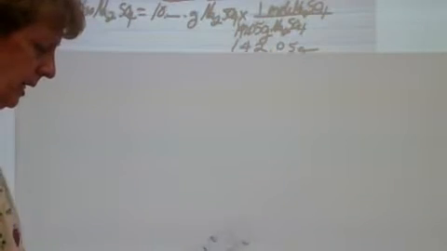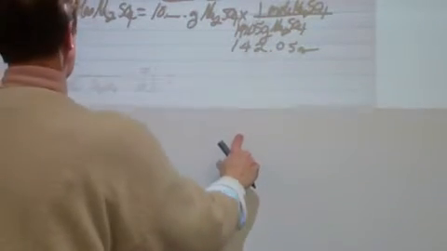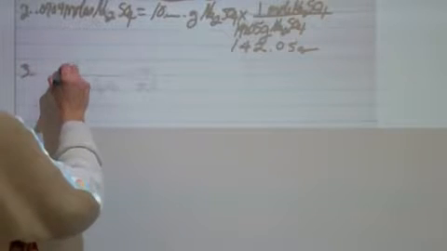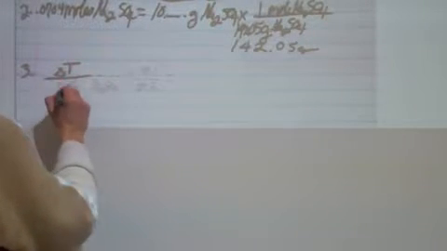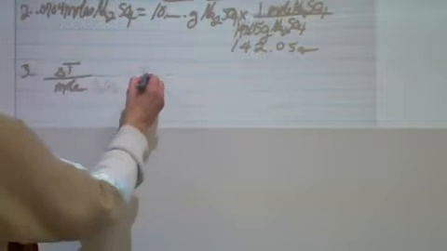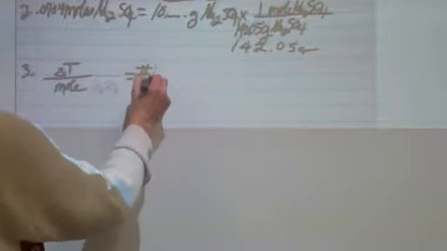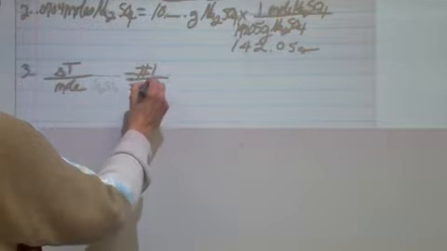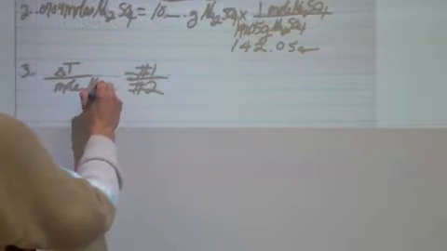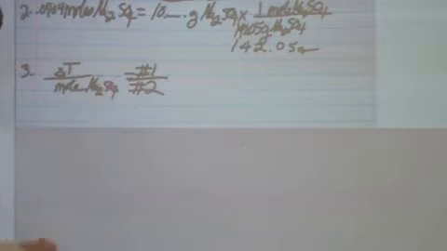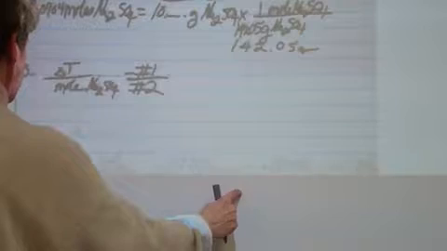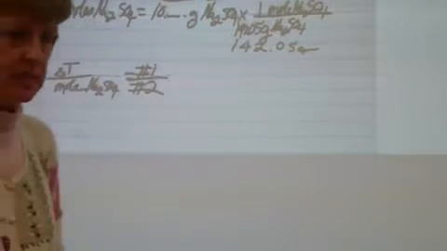Calculation 3 says, what is delta T per mole? We'll take your answer to number 1 divided by your answer to number 2. Because you calculated moles of Na2SO4 in number 2, and you calculated delta T. Okay. Number 4, what we need for calculation 4?